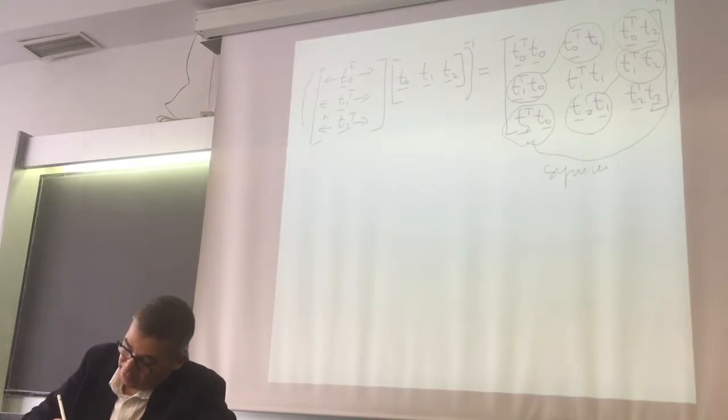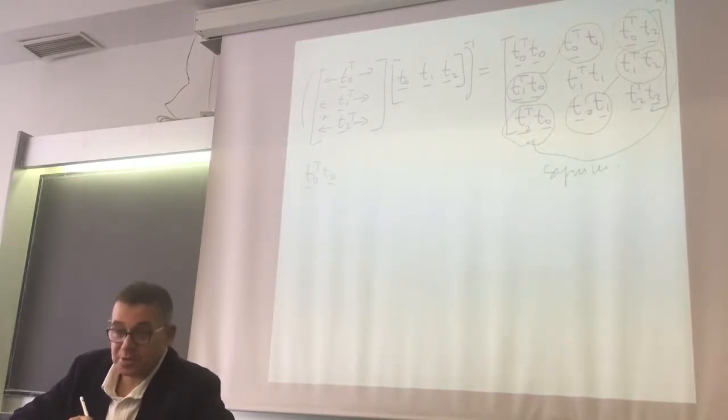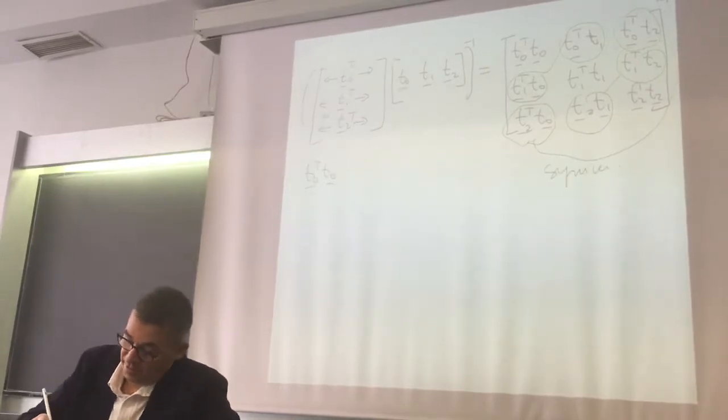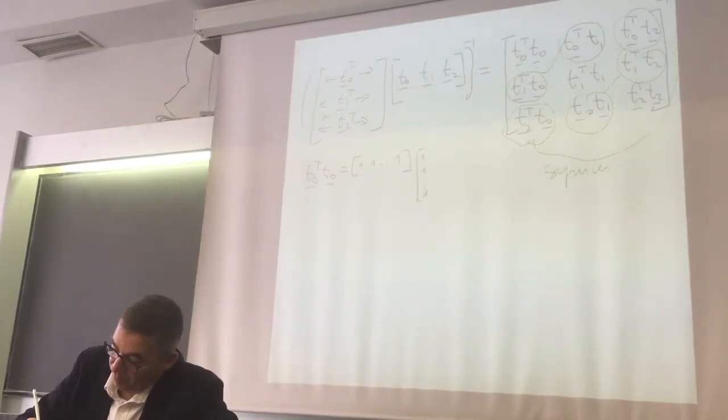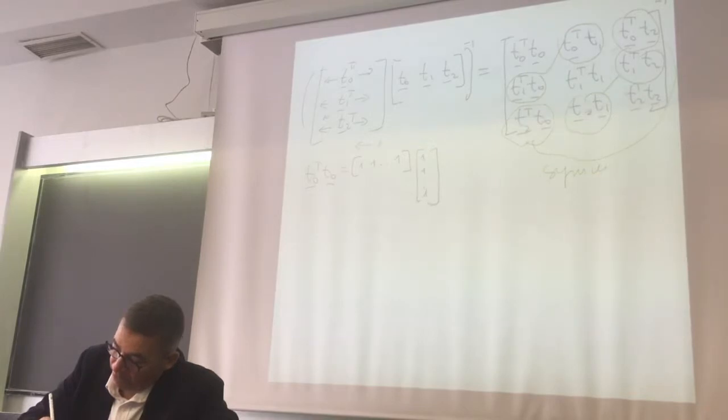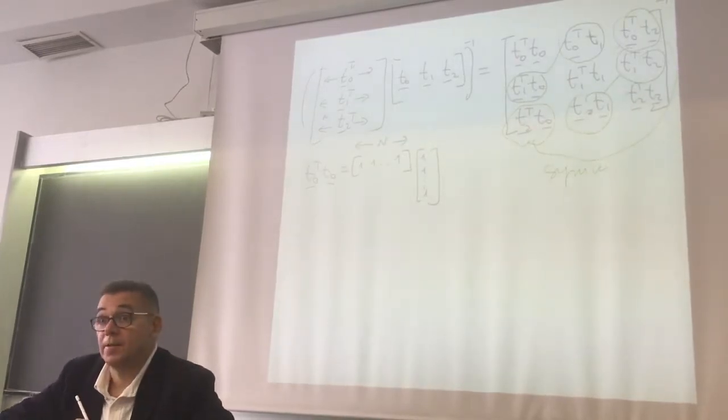Then, let's calculate. What is T0 transpose T0? Now, T0 is a vector of 1s. So that one is 1, 1, 1 multiplied by 1, 1, 1, which is equal to n.